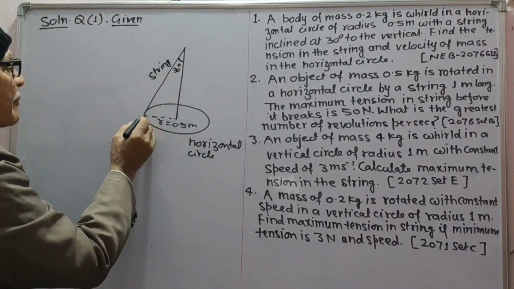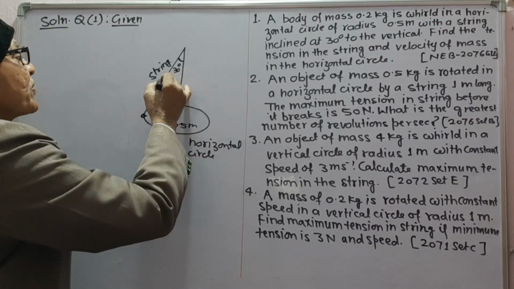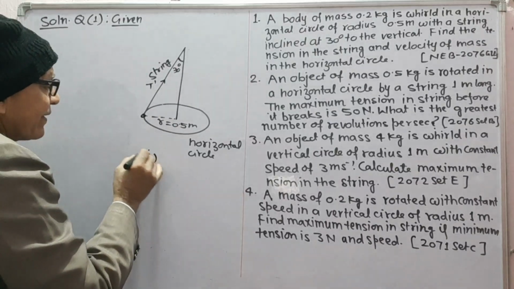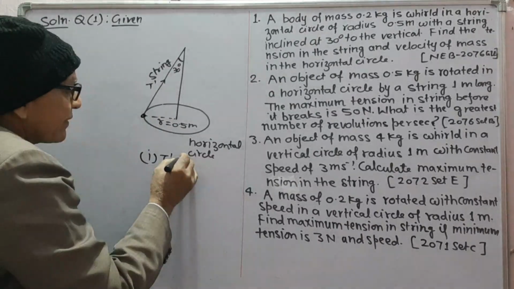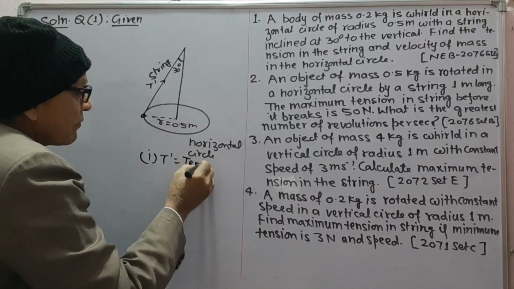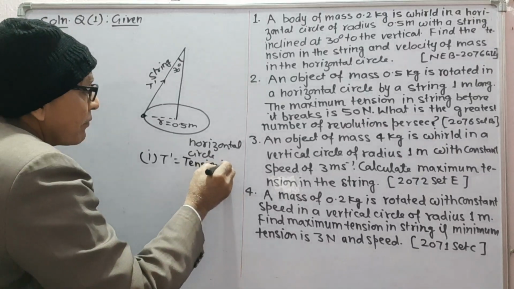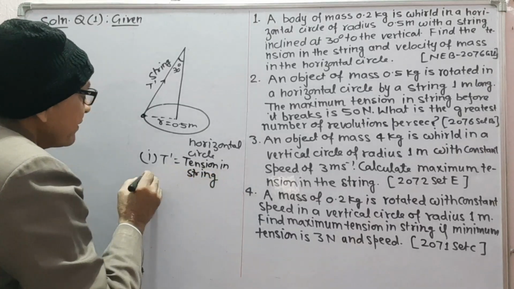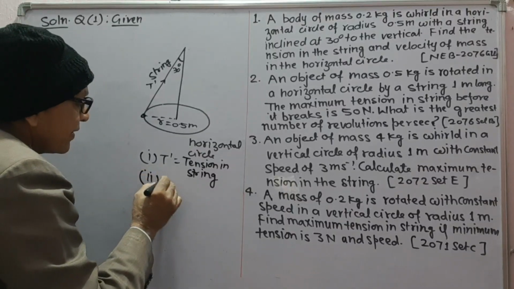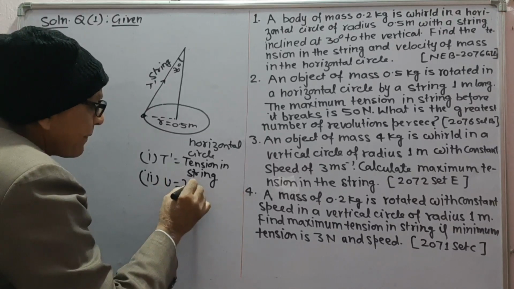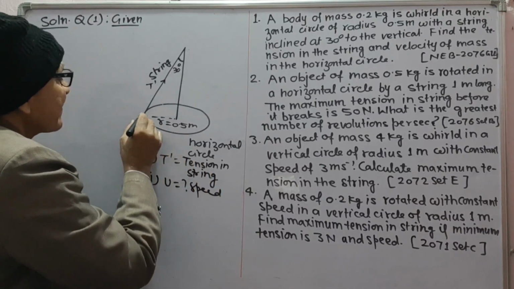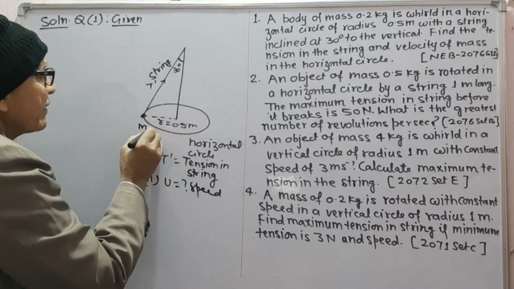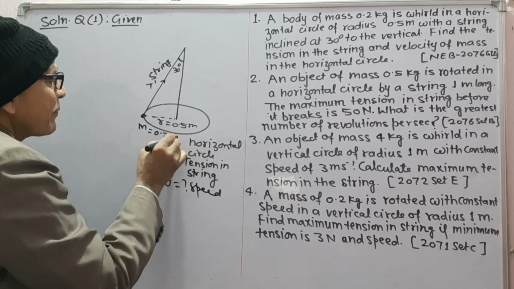We have to find the tension in the string. Suppose tension is T dash, so we have to find tension T dash and speed of mass. Mass is given to be 0.2 kg.